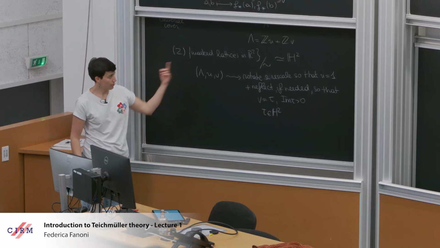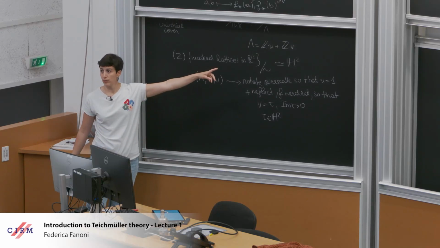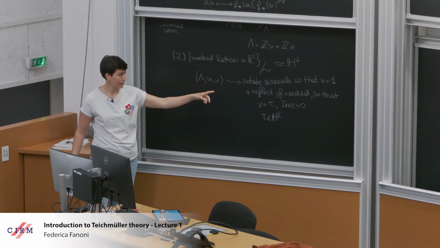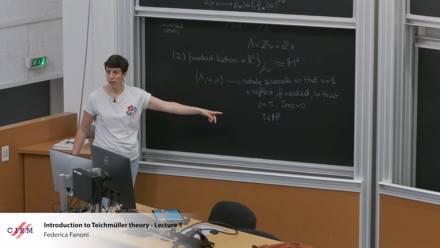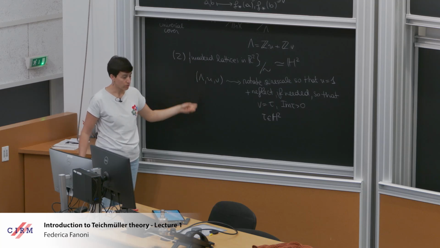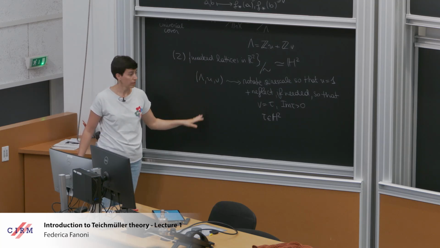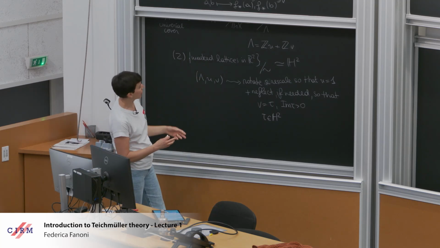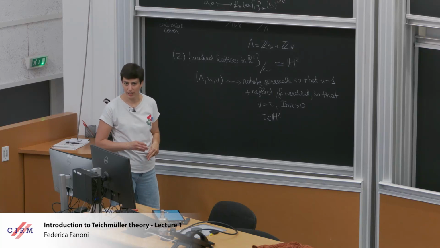So it's easy to go the other way. I take a tau which is in H2, and I take the lattice that's spanned by 1 and tau, and I take the torus that's associated to that. I make the lattice that's associated to that with this generating set. And all that needs to be done is to show that these are really actual bijections.